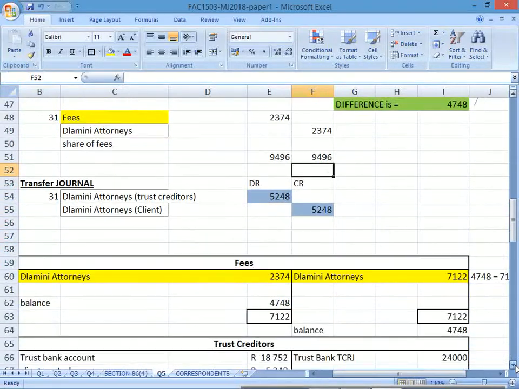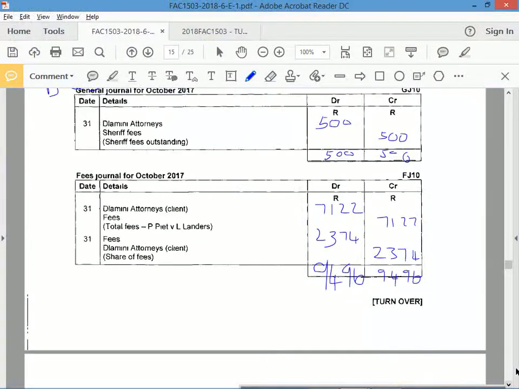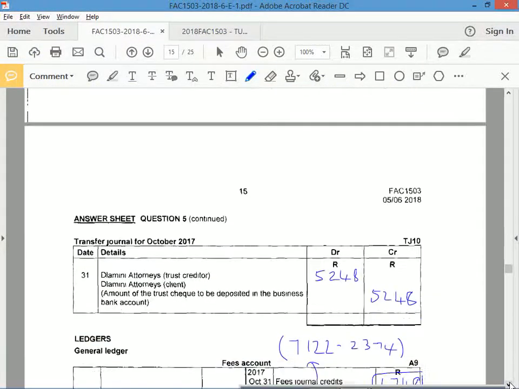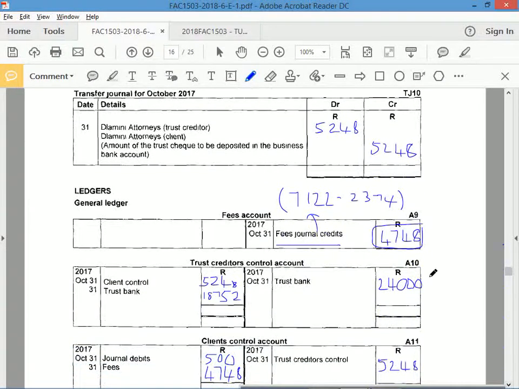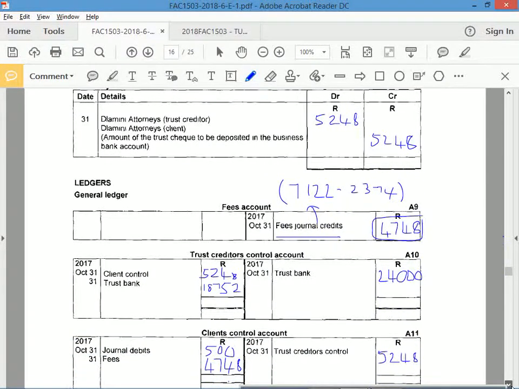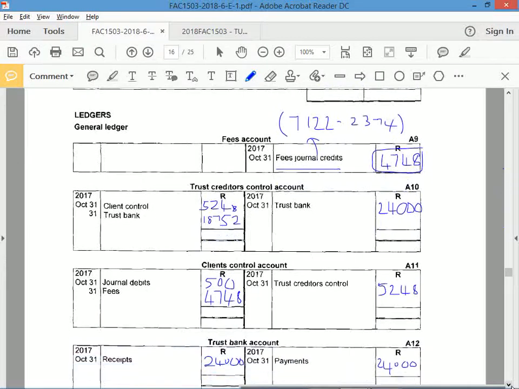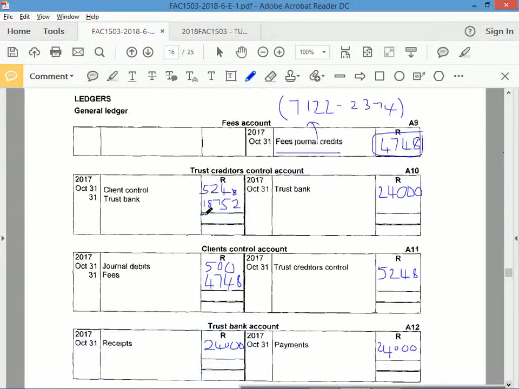Okay, let's see what else we've got here, just to check have we put everything else in here. Okay, yeah, that I've recorded in. Maybe if you want to, you can put 24,000 both sides here just to complete it. Okay, and then this one was the same amount on both sides, 5248.